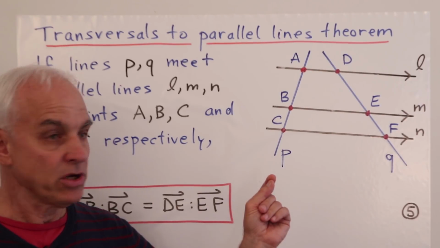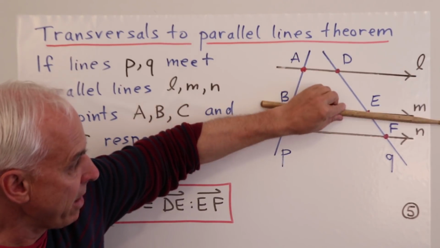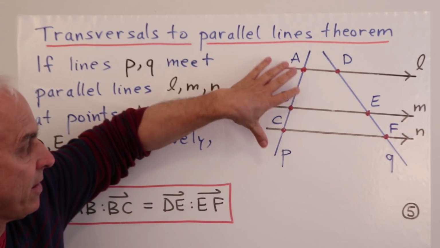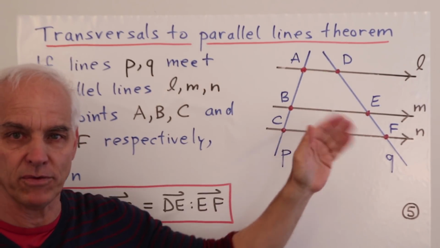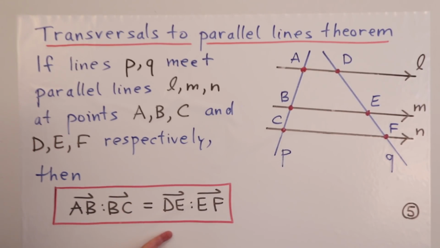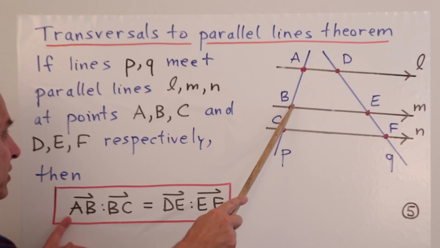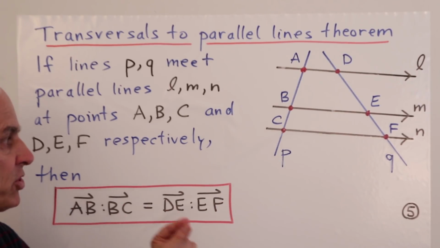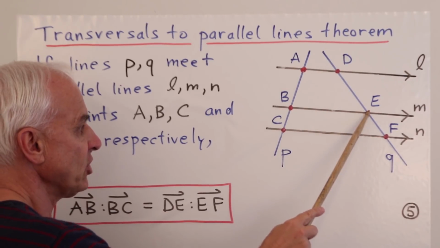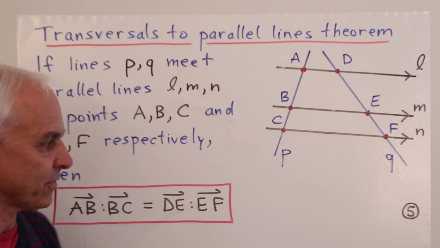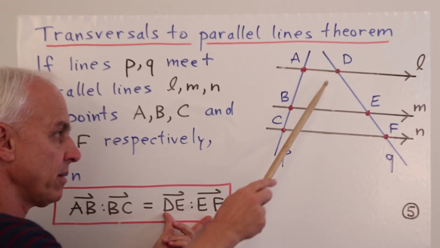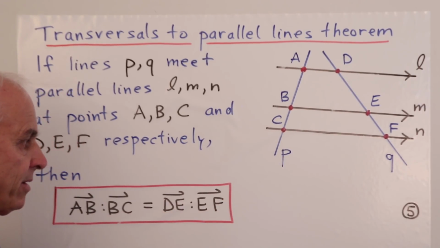So in this situation, because L, M, and N are parallel, there's a relation between the proportions involved with some vectors here. And we can express it this way: AB to BC, this proportion of vectors, is the same as the proportion DE to EF. These two vectors are parallel, they're in the same direction. These two vectors are parallel in the same direction.